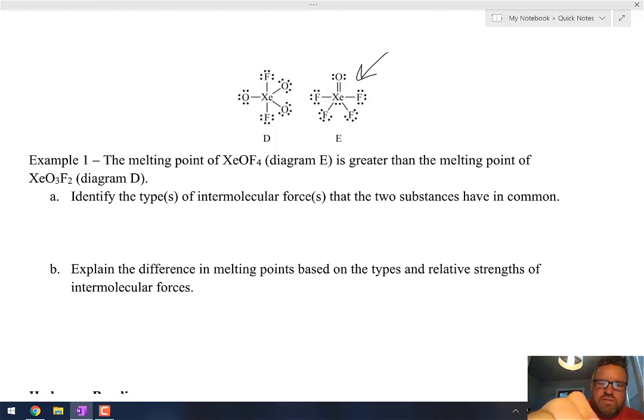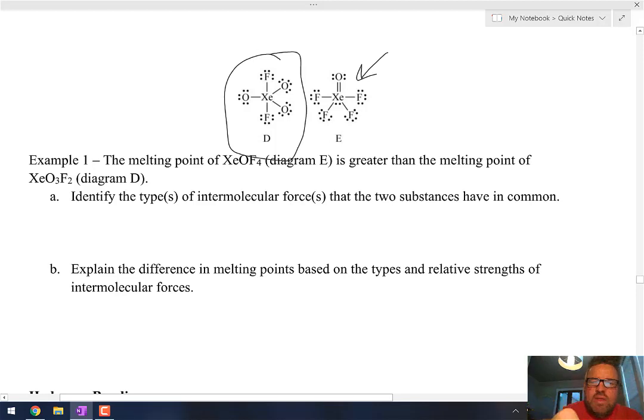First, if you remember from previously, that molecule right there is a trigonal bipyramidal shape where the dipoles of the fluorines cancel out, and the dipoles of the oxygens also cancel out. This is a nonpolar molecule. Whereas here, you've got the lone pair on the central atom and the oxygen up here. That one is definitely a polar molecule.